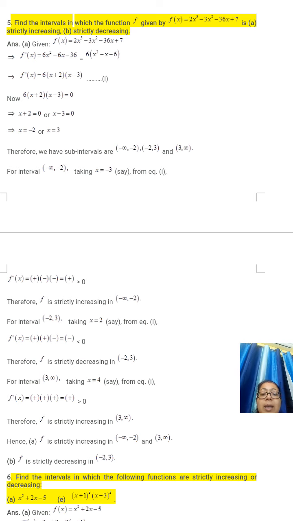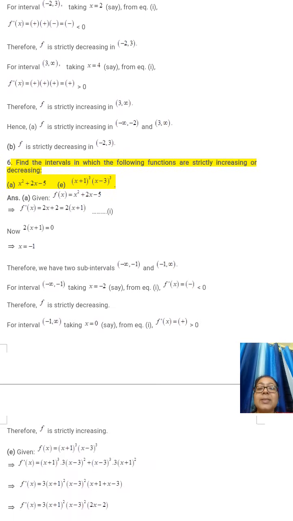So in minus infinity to -2 it is strictly increasing, then 3 to infinity also strictly increasing, and in -2 to 3 it is strictly decreasing. The middle one is strictly decreasing, and the first one and the last one are strictly increasing.